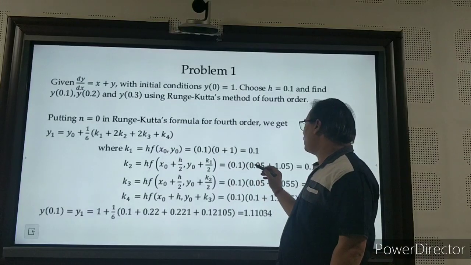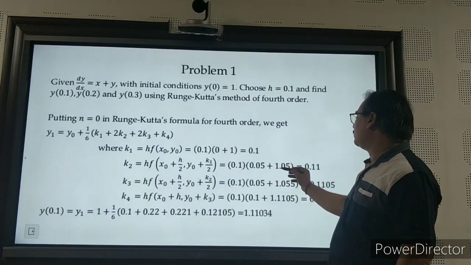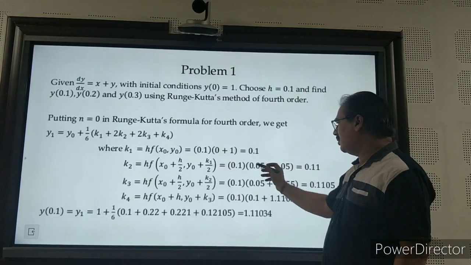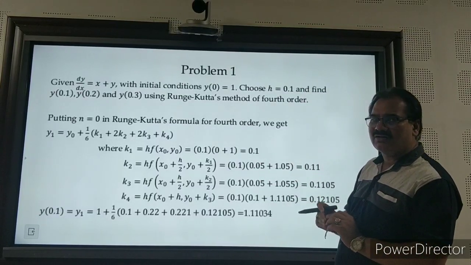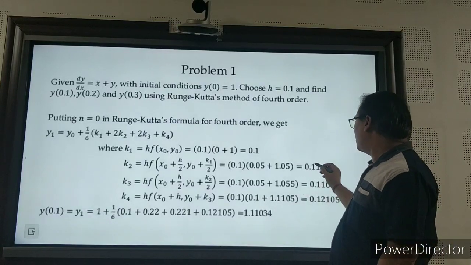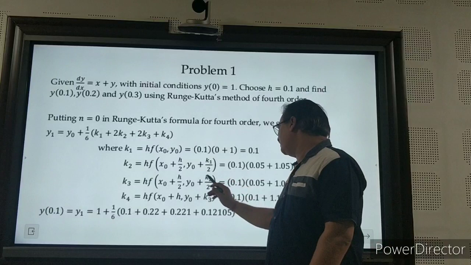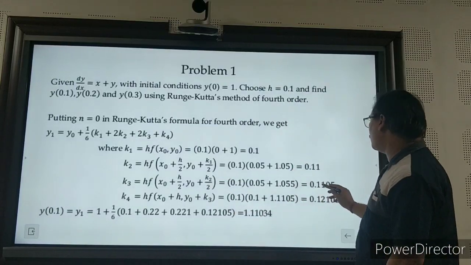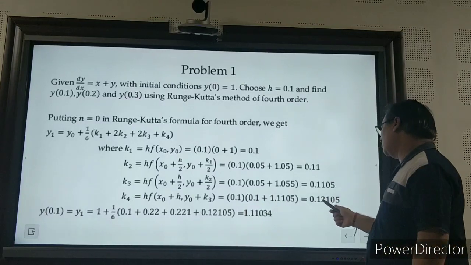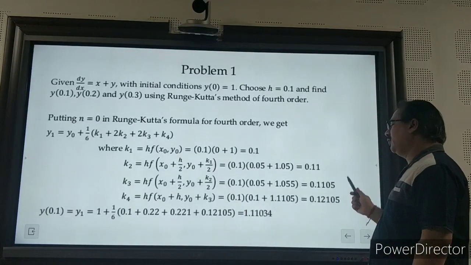Here 0.1, 0.05 plus 1.05, these are very fractional calculations, so extra caution is required sometimes, otherwise you may commit a mistake. So k2 is 0.11, k3 will be 0.1105, and k4, similarly you go ahead and you will calculate 0.12105.